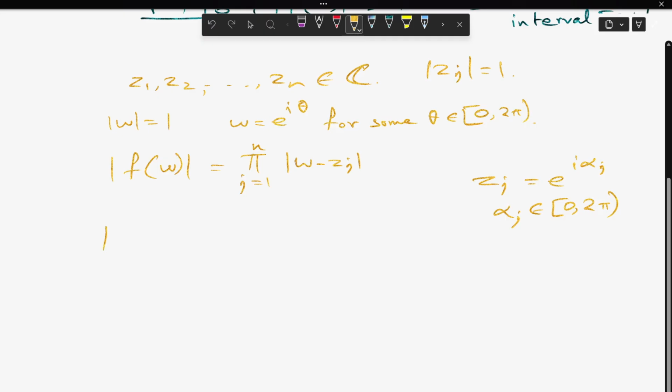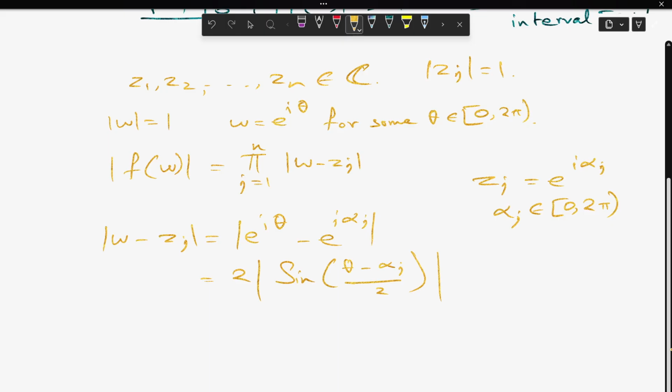Thus, we should write that the modulus of omega minus zj equals modulus of e to the power i theta minus e to the power i alpha j, and that equals 2 of sine of (theta minus alpha j) whole by 2. We easily know that.